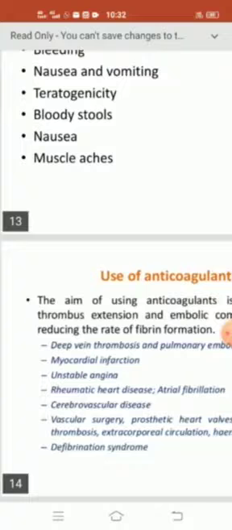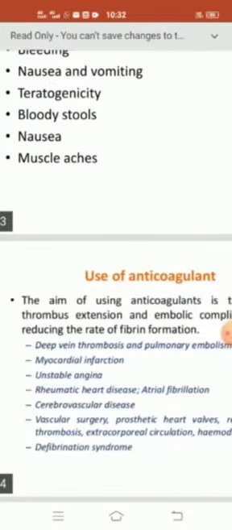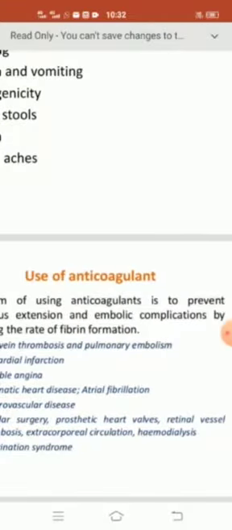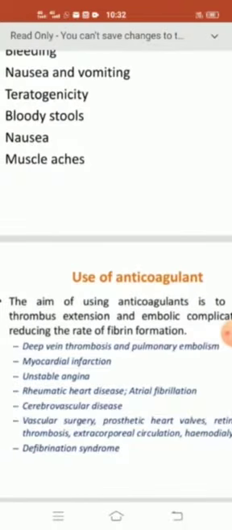Coming to the use of anticoagulants, the main aim is to prevent the formation of thrombus or the extension of the existing thrombus and any embolic complications by reducing the rate of fibrin formation. The main uses of anticoagulants are deep vein thrombosis and pulmonary embolism.